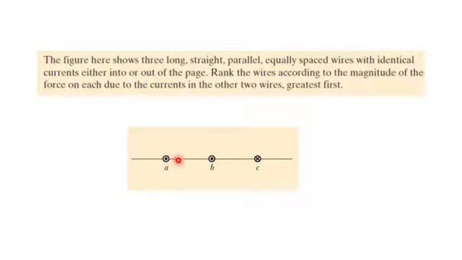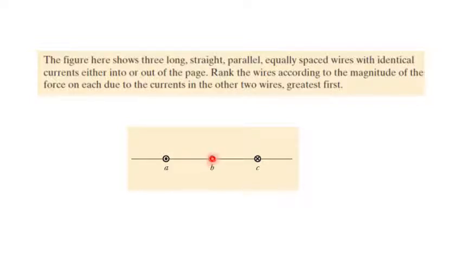So I have attraction 1 over D and repulsion 1 over 2D. So the attraction is dominant here, but the net is less than 1 over D.